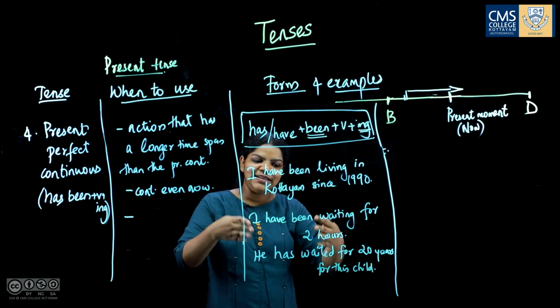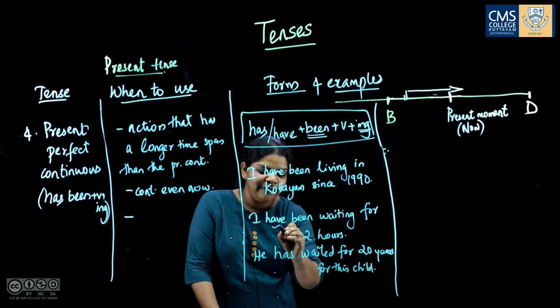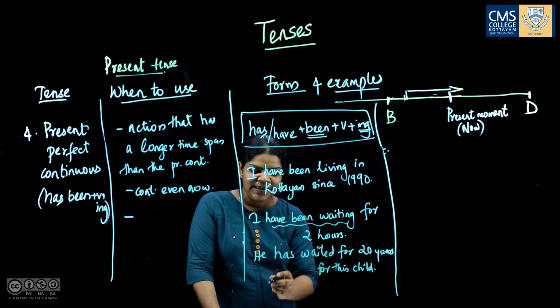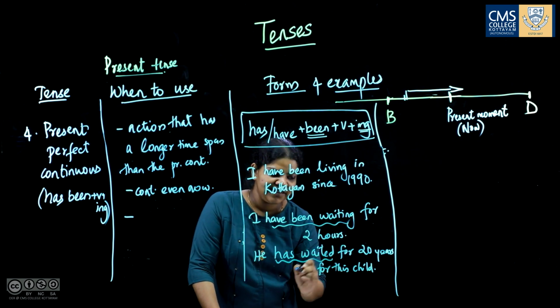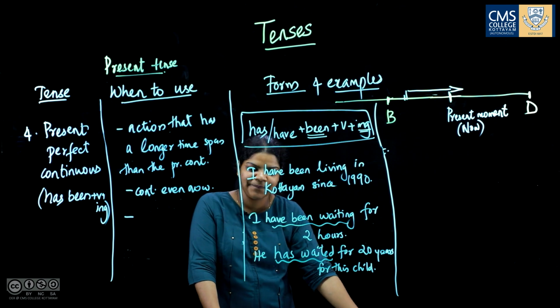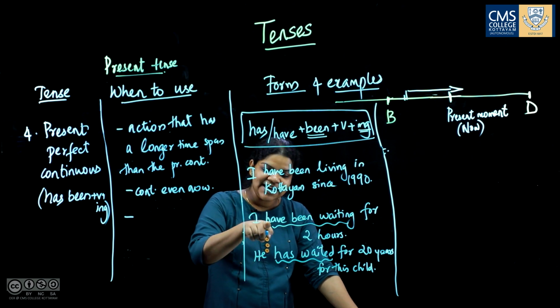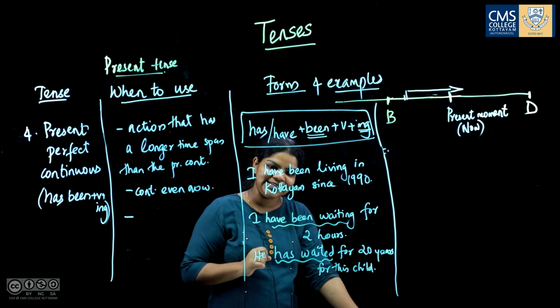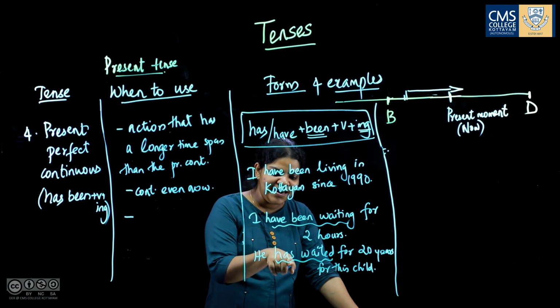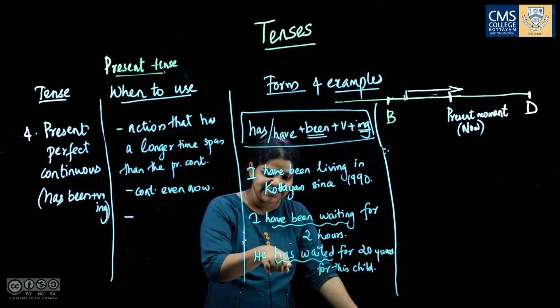Now would you try to compare these two sentences? I have been waiting for 2 hours. He has waited for 20 years for this child. The first sentence is in present perfect continuous tense, and the second one is a present perfect tense.